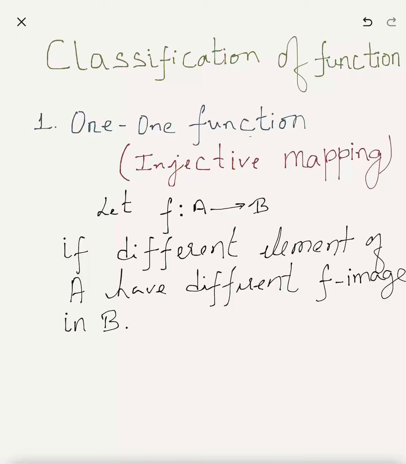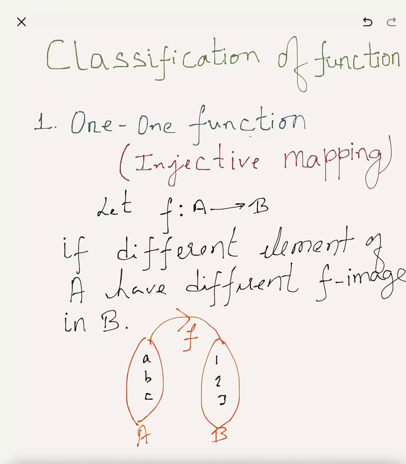Here you have a set A and this is another one, B. f is a function from A to B, so you will draw an arrow from A to B. Now suppose in set A you have a, b, c and here 1, 2, 3.